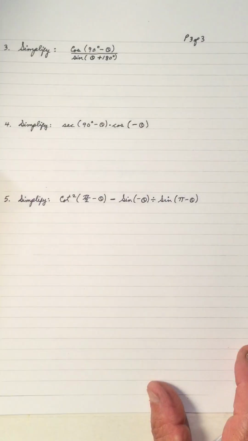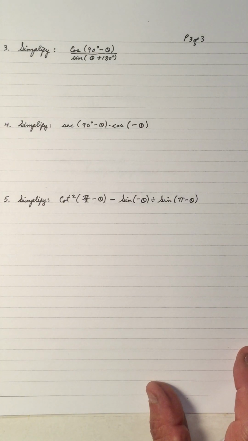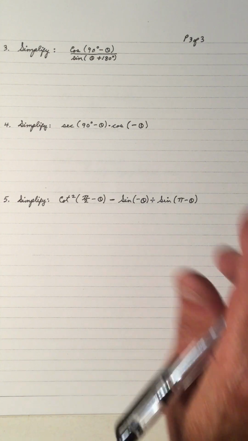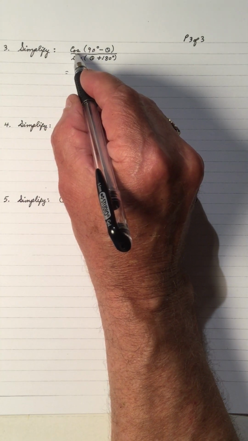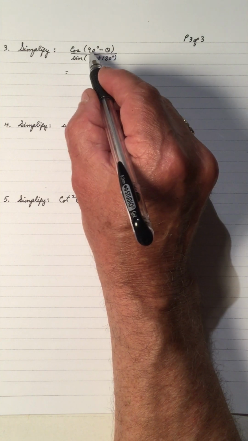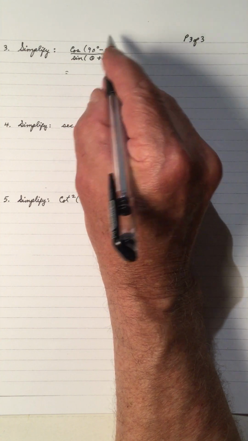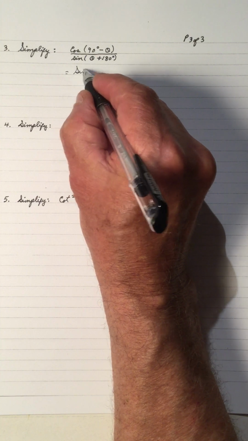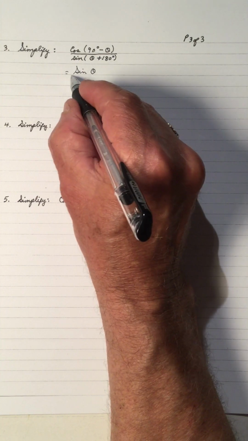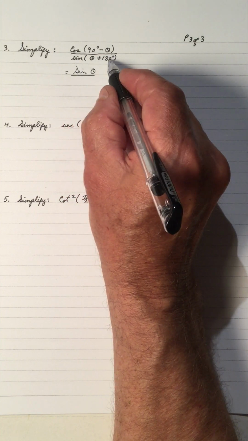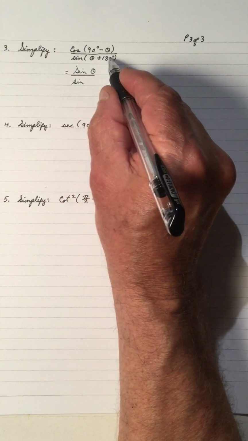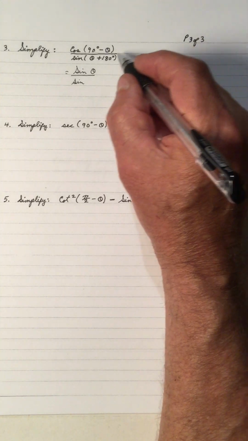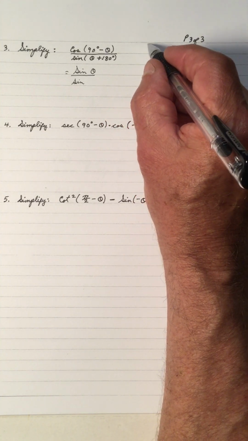Let's continue. We have some more examples. Simplify. Okay, we have a division. So what's another name for the cos of 90 minus theta? When you go through 90 minus theta, it's cofunctions. So that's the same as the sine of theta. When you go through 180, there's no change. So 180 plus theta. What's the sign in the first quadrant?